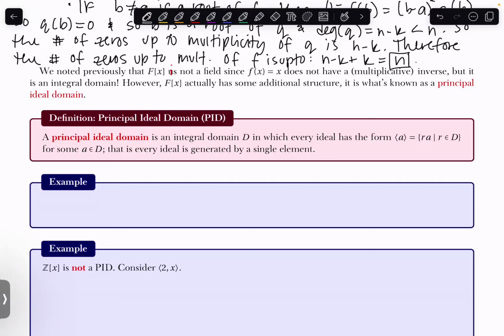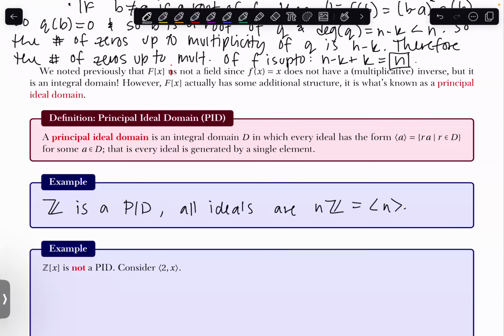The integers. Here, the integers give me back a principal ideal domain, since all of its ideals we know are of the form nZ, or the ideal generated by n. Really, these are the same. All the elements that show up in here are multiples of n, and I can't have any other type of ideal. These are all the ideals that I have.